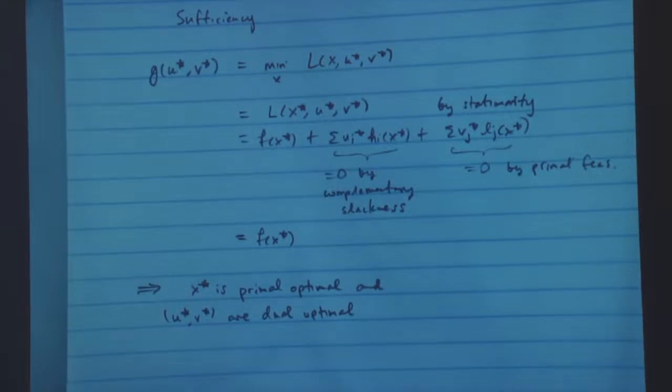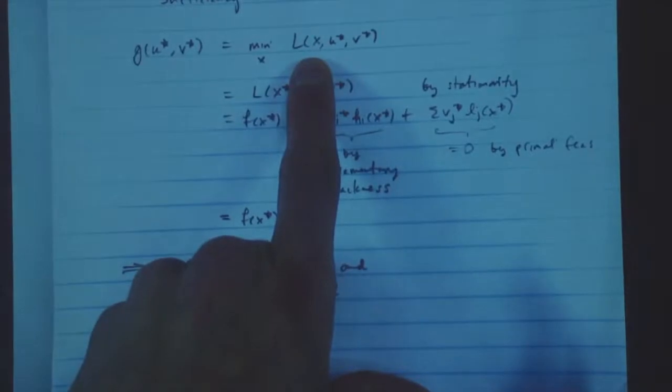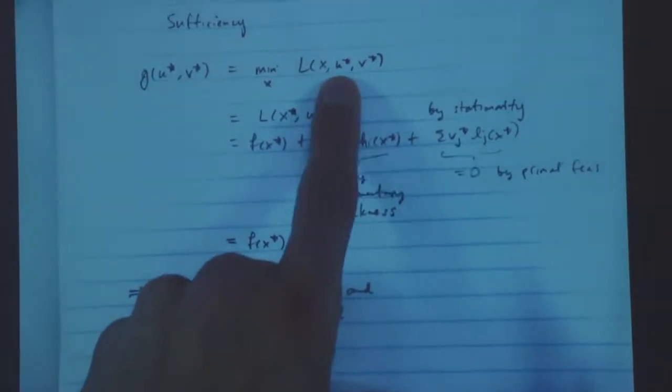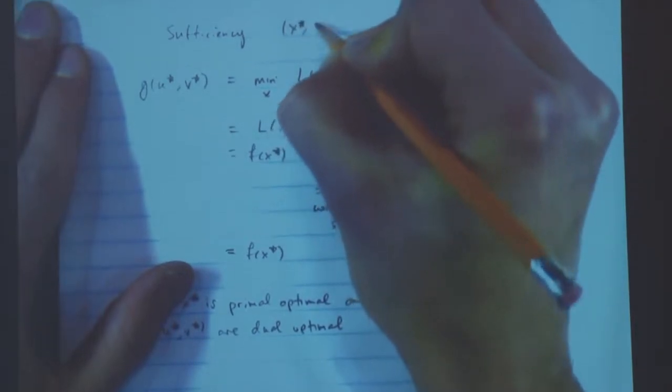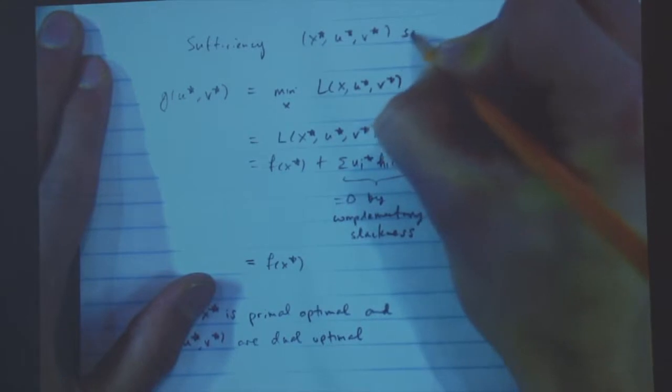Yeah? The stationarity condition implies that for this function, the Lagrangian, its minimum over x is achieved at x star. So the assumption here is that x star, u star, and v star satisfy the KKT conditions.